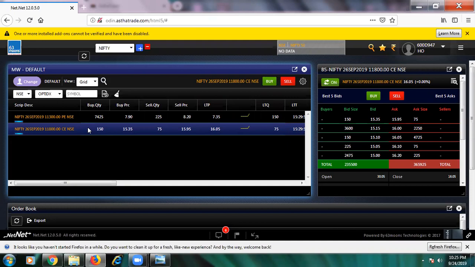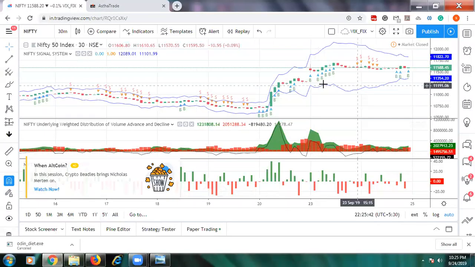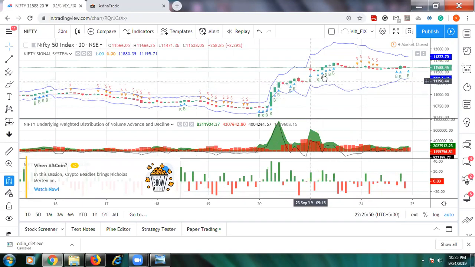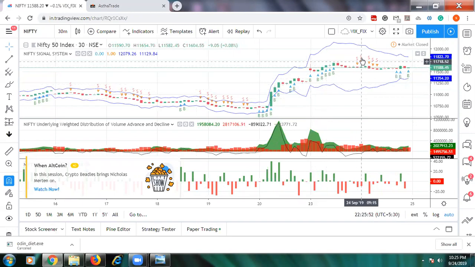Actually, you have to choose the band, open those options above or below, and click on sell first. So friends, once again I'm reiterating: if you are seeing a buy signal here, sell the put options below the lower band. If you are seeing a sell signal, write call options above the upper band.